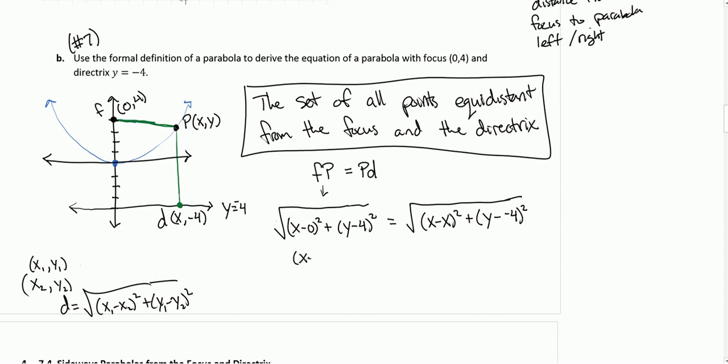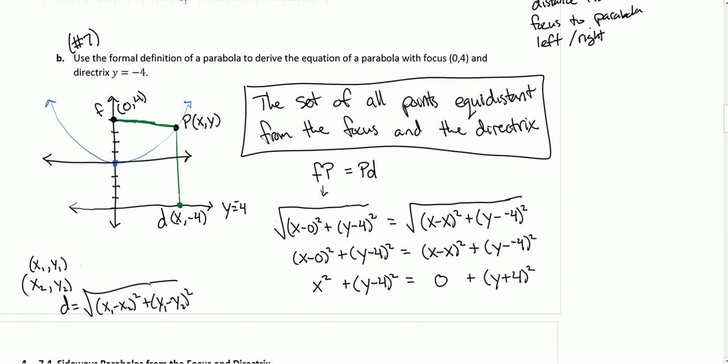And we have x minus 0 squared plus y minus 4 squared is equal to x minus x squared plus y minus negative 4 squared. And then there's a few other things we can do. We know that x minus 0 is x, so this is just an x squared, plus y minus 4 squared is equal to x minus x is 0 plus another y, well here we have y plus 4 squared.